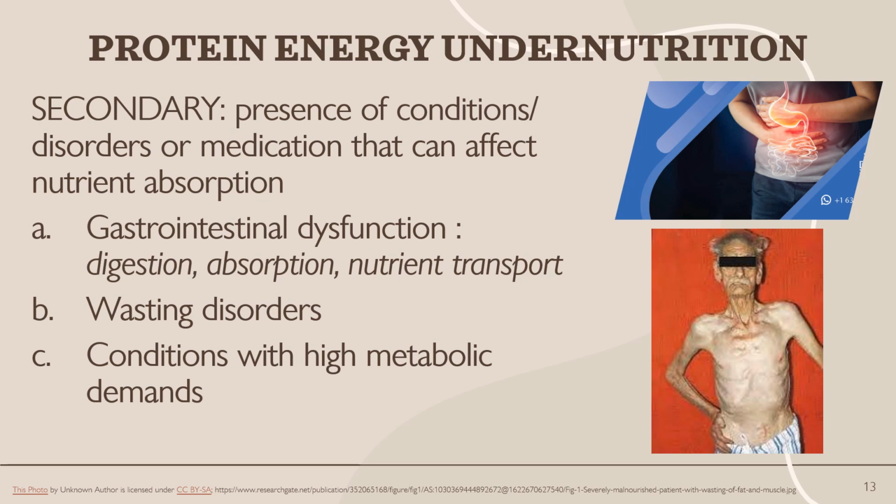Okay. So first are those that are caused by gastrointestinal dysfunction, in which there may be an impairment in either their digestion, absorption, or nutrient transport. For example, celiac disease, or if you have a gastrointestinal infection, let's say parasitic, or more commonly in pediatrics, if you have acute gastroenteritis, that may affect the absorption of nutrients.